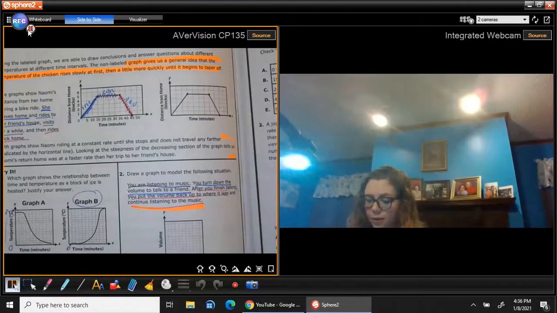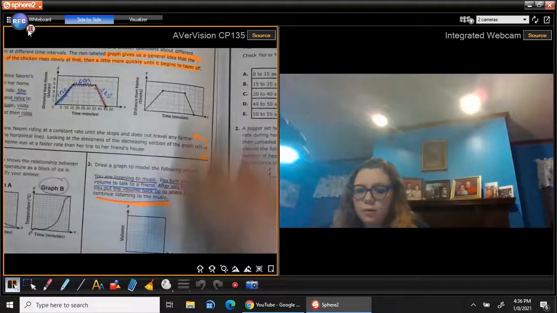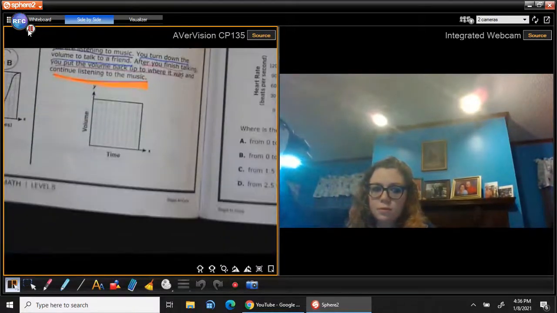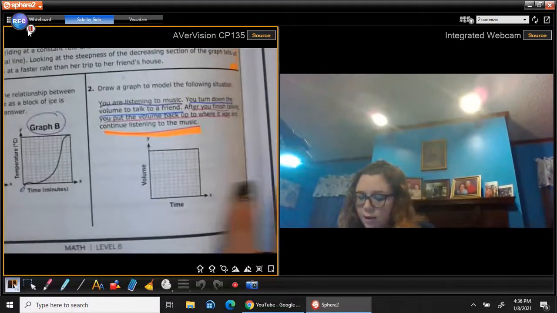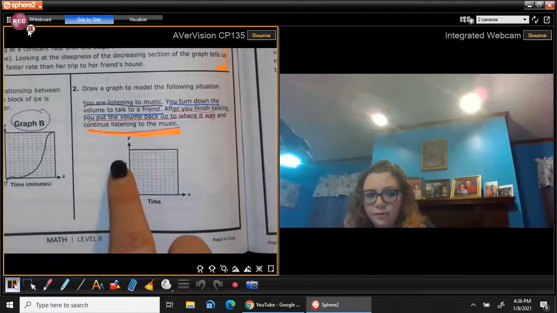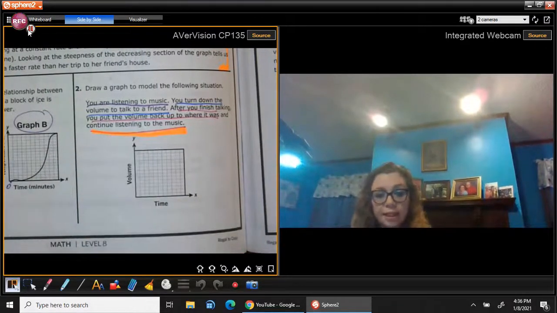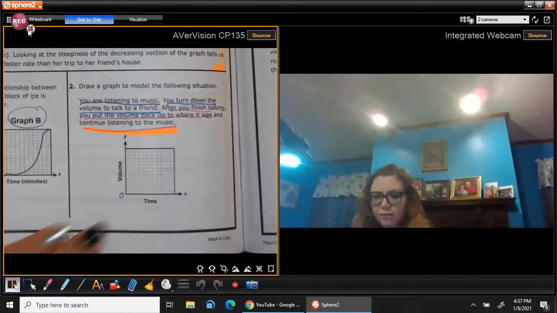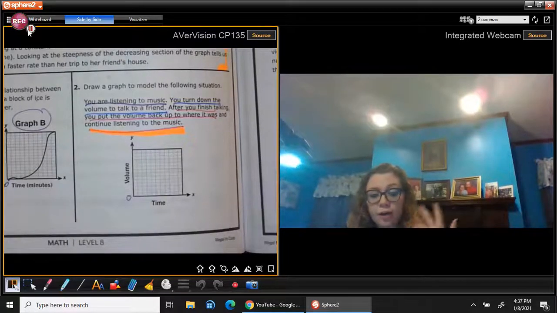So if you look at this, you have your time and you have your volume. When you listen to music, it says we are currently listening to music. 0 volume will be down here. So if you're listening to music, your volume is already up.